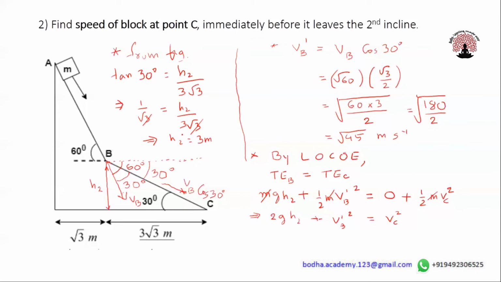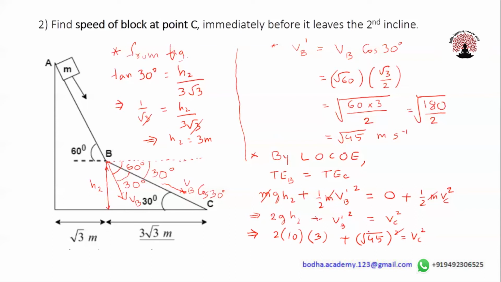Now I'll substitute this value of h2 in this equation. So this becomes 2 into g, which is 10, into h2, which is 3, plus VB dash, which is root 45, whole square, is equal to Vc square.